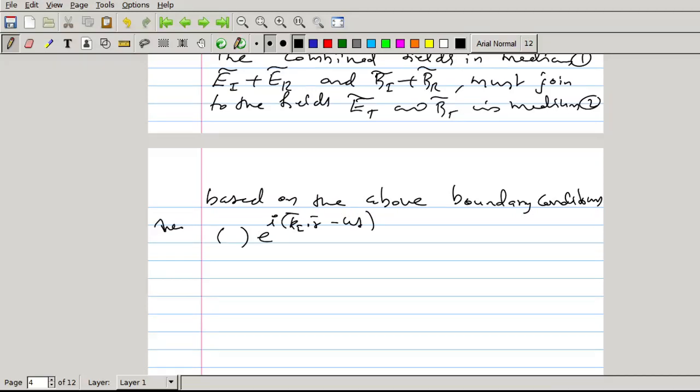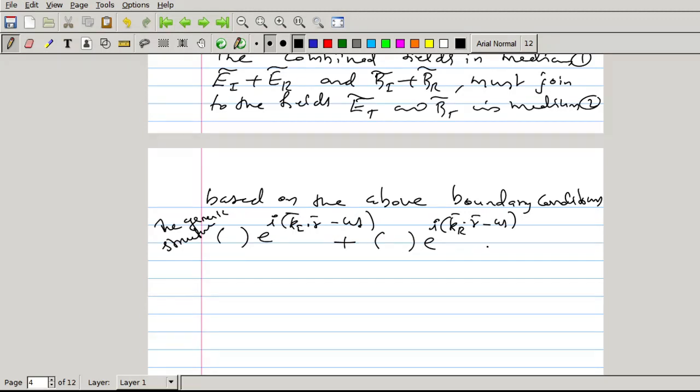Plus, in a general way we can write the boundary conditions like this. Here we will have the amplitude of the electric or magnetic field vector, e raised to i (k_reflected dot r minus omega t).